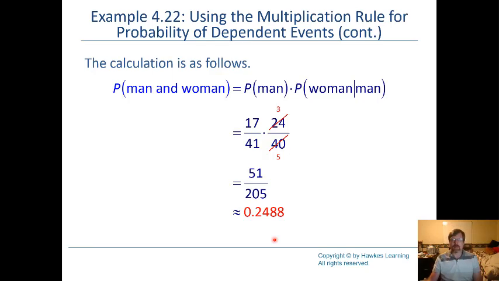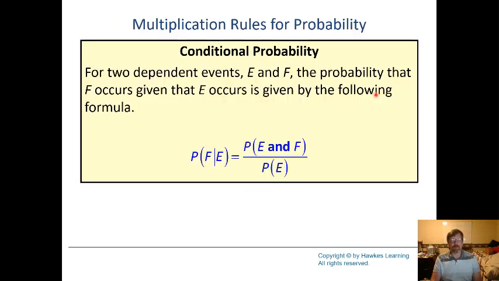We can also, if you think back to this in terms of E and F, E times F after E, we can rearrange that formula in this way, so that if we don't know this probability, but we can find these two easily, we can solve that.